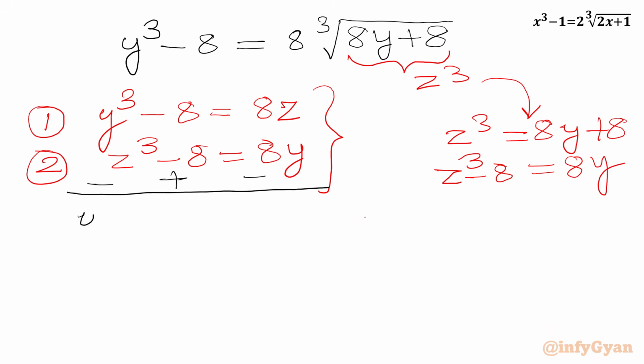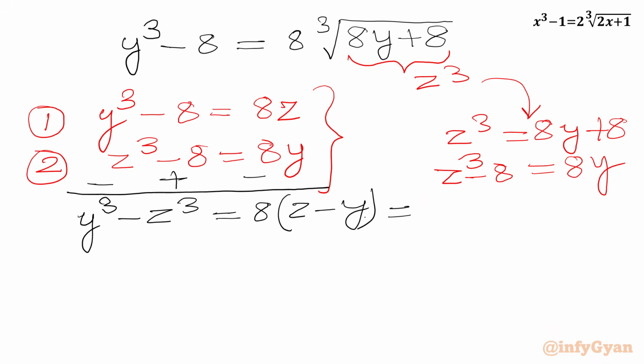We will get y cube minus z cube on the left hand side, and we will get 8 common, z minus y on the RHS. After taking minus 1 common, we can write minus 8 times y minus z. Now we will write all the terms on one side.